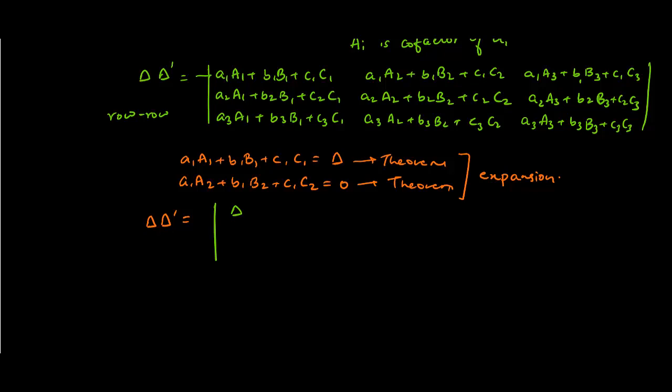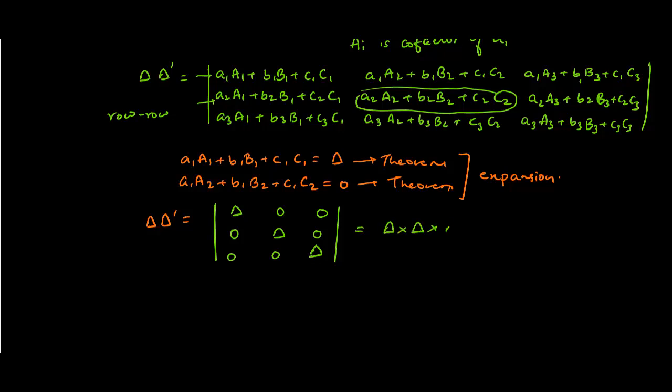The remaining elements are 0. Then this element has the value delta because every element is being multiplied with its own cofactor. Then you have 0, 0, and again you have delta, and this is a diagonal determinant, so its value will be delta times delta times delta, which is equal to delta cube.